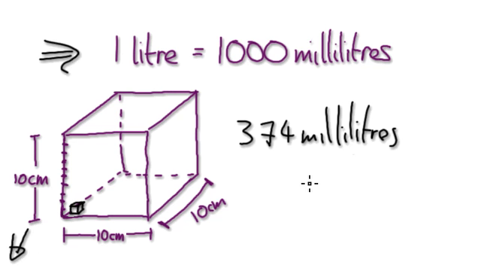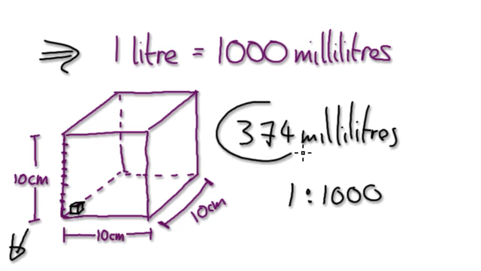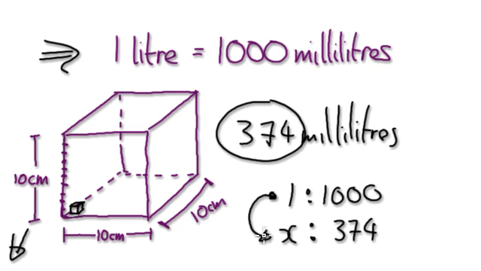To do this, at the moment we've got 1 litre equals 1,000 milliliters, and now we've got this many milliliters on the right hand side. We need to know x. Ultimately we start at 1 and jump into the x, so we need that multiplier.